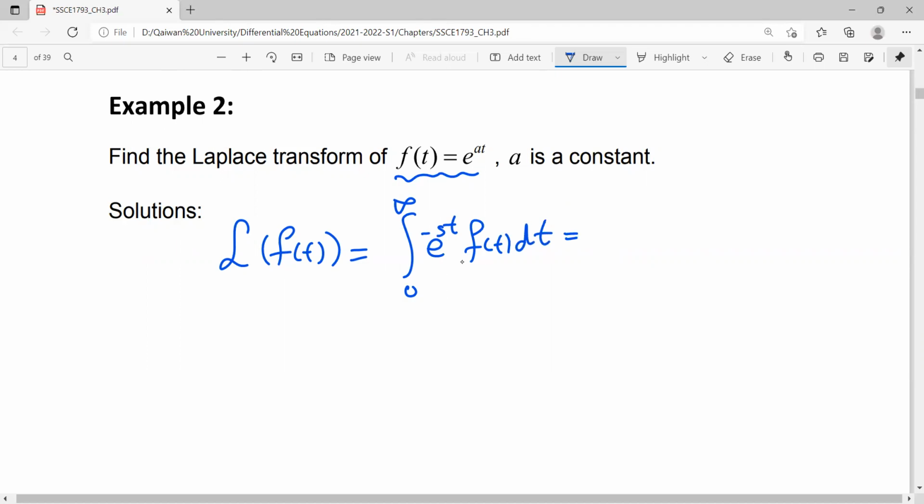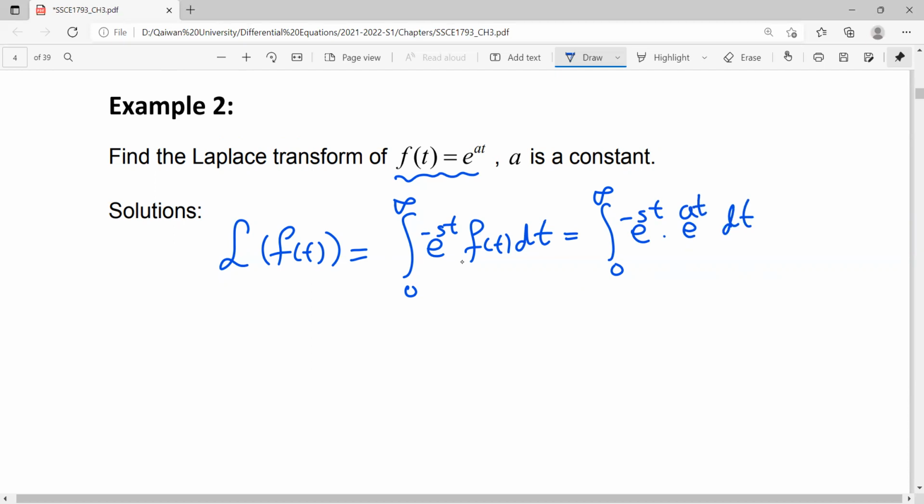Here we are given that the function is e to the power at, so we just replace f of t by the function. It equals the integration from 0 to infinity of e to the power minus st times e to the power at dt.